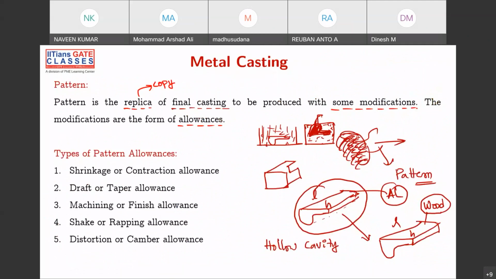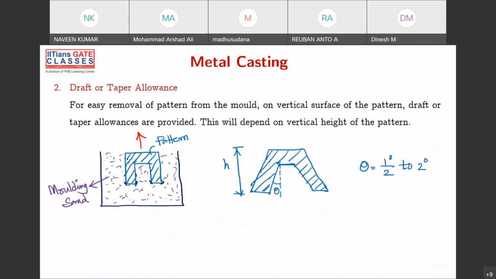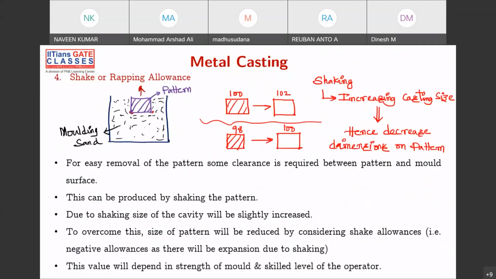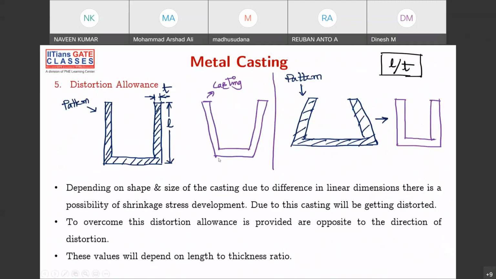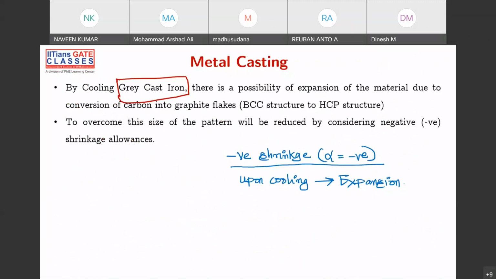Distortion allowance is a zero allowance in the sense that you are not providing any size allowance. You are not increasing or decreasing any size, but you are giving some shape allowance. Instead of the exact shape, you have a slightly different shape. Yes, Satish, you're right.